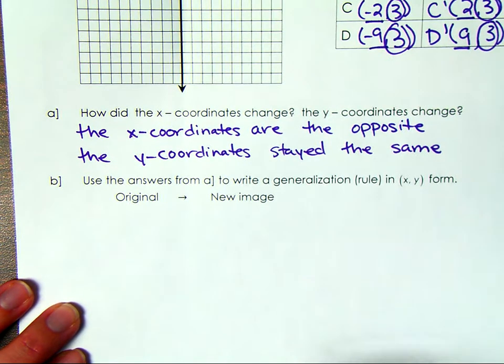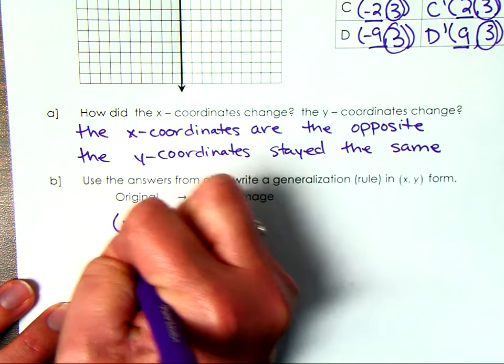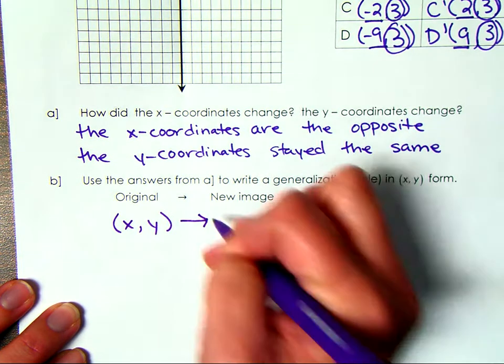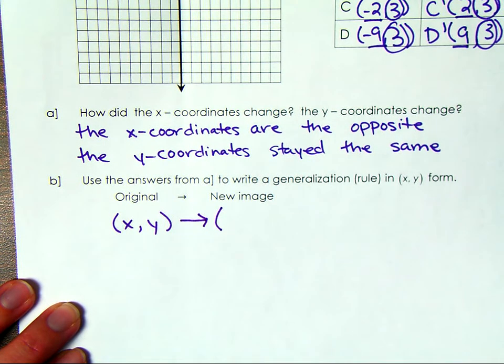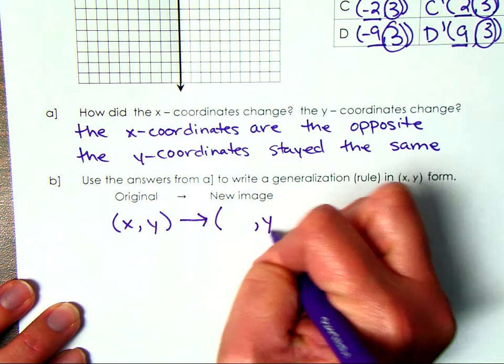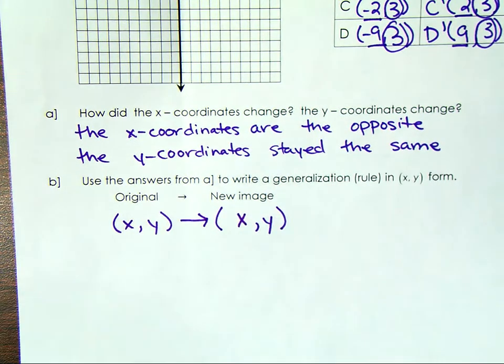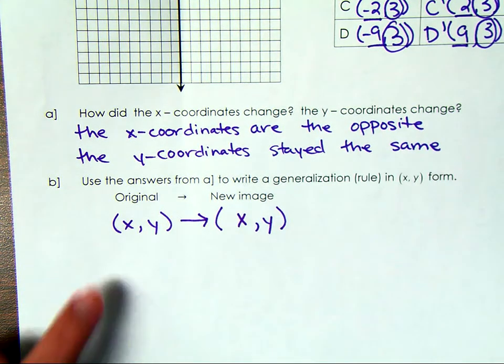Remember, whenever we're writing this rule, we always say xy is the original and then go to the new. Here's what we can say. The y's we know stayed the same, but the x's, we have to think about how we can represent the opposite. So think about this.